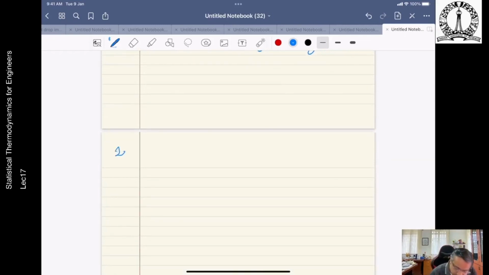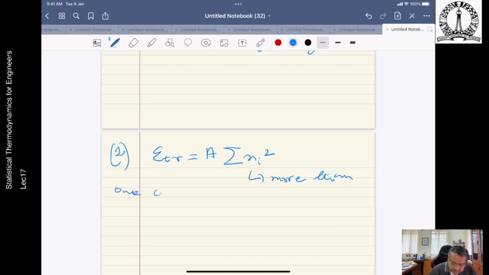The second part, most important, is that E_TR, if we write it properly, is A times the sum of n_i squared. So you can see that more than one combination of 3 quantum numbers yields the same total energy.